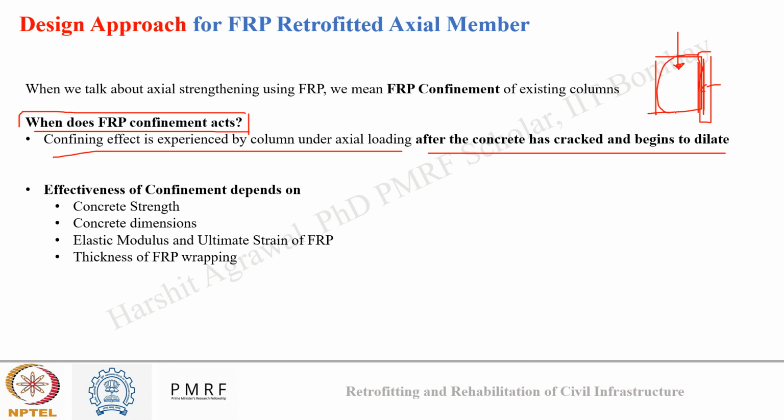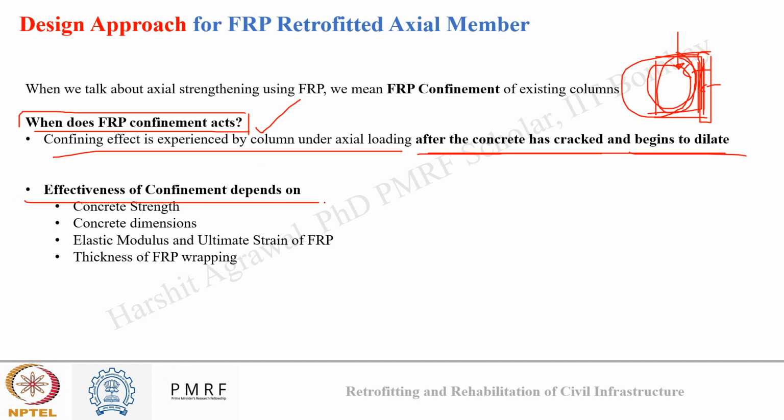But when the existing concrete fails, the FRP gives confining pressure to the existing column and strengthens it. This is the crux of FRP confinement. It acts after the concrete has cracked and begins to dilate.